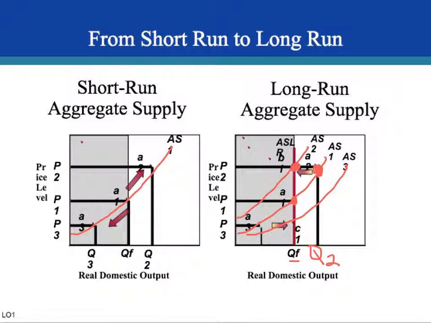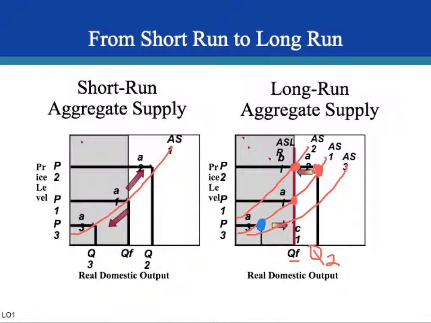All right, let's say price level drops, and so now the firm, since the price of their output has fallen, they don't produce as much of their output, because in order to produce more levels of output, they have to be able to get a higher price in order to recoup the higher input costs.